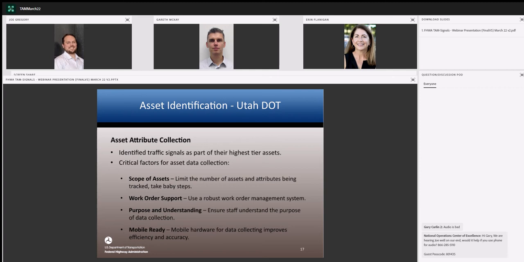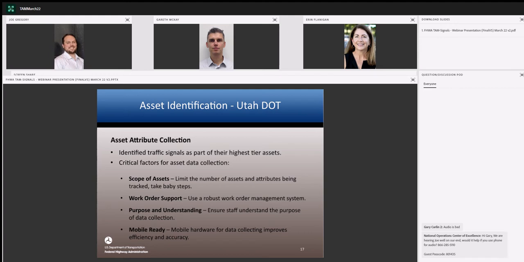Ensure that staff understand the purpose of data collection. You're collecting these things, why are we doing it? There are always requirements for teams out there in the field to perhaps do some interpretation in terms of how they are recording information about assets. Having an understanding of what it's being used for will help with that.